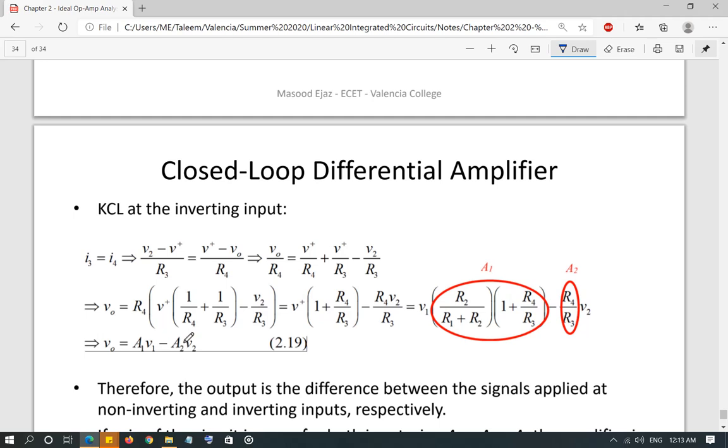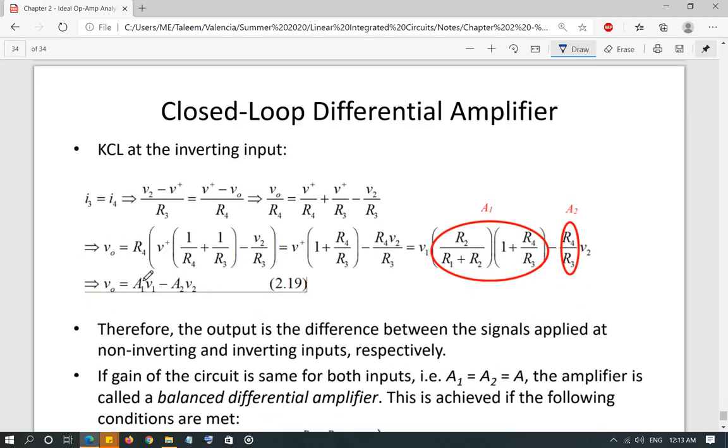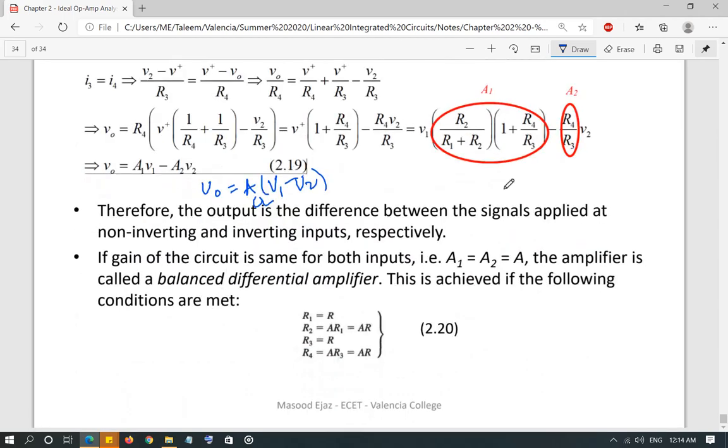Now, if you want to have the same gain for both inputs such that your output will be V out equals A times V1 minus V2, if A1 and A2 are both A, or ACL, the closed loop gain, then your amplifier is going to be a balanced differential amplifier.